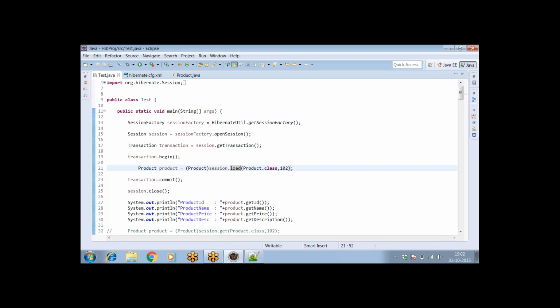Unnecessary DB interactions will be avoided if we use the load method. So of course that is going to be an advantage.